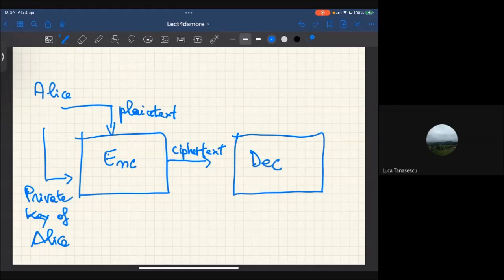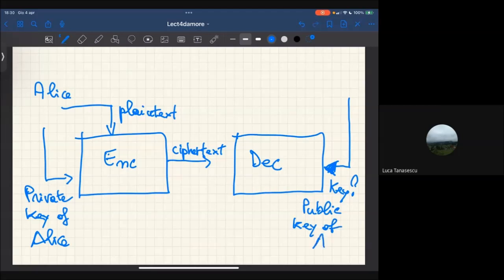Since I am encrypting by using the private key of Alice, what key should be used for decryption? There is a unique key that is good for decryption. And this is the public key of Alice, right?